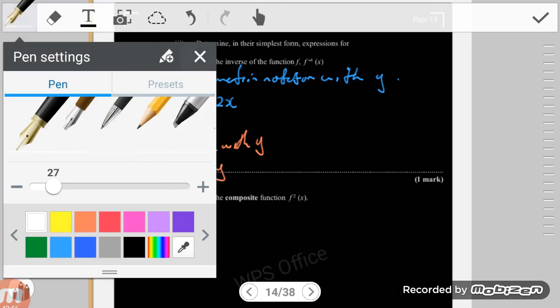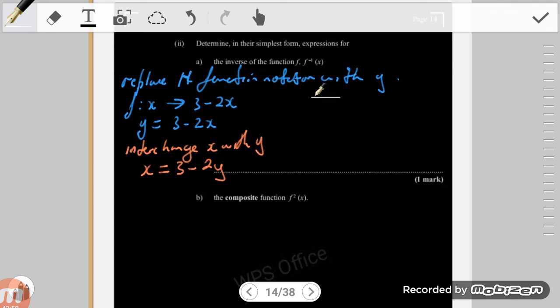And step 3, we're going to make y the subject of the formula, or the subject of the equation. Make y the subject. So we're going to make y the subject of the equation.